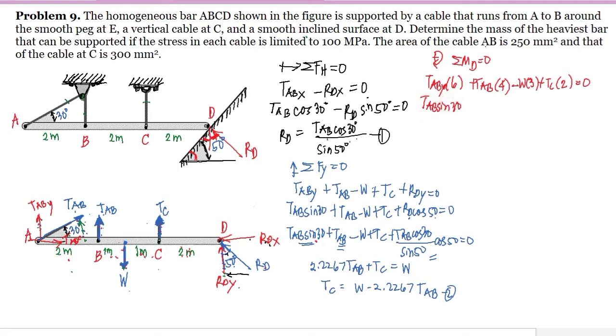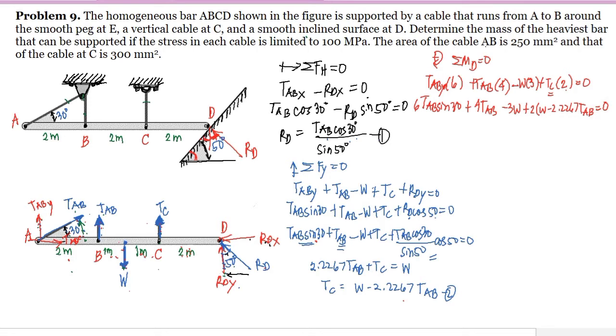Si 6 ilipat ko na lang sa unahan, plus 4 TAB here, minus 3W plus the TC from our equation 2, that is equal to W minus 2.2267 TAB is equal to 0.